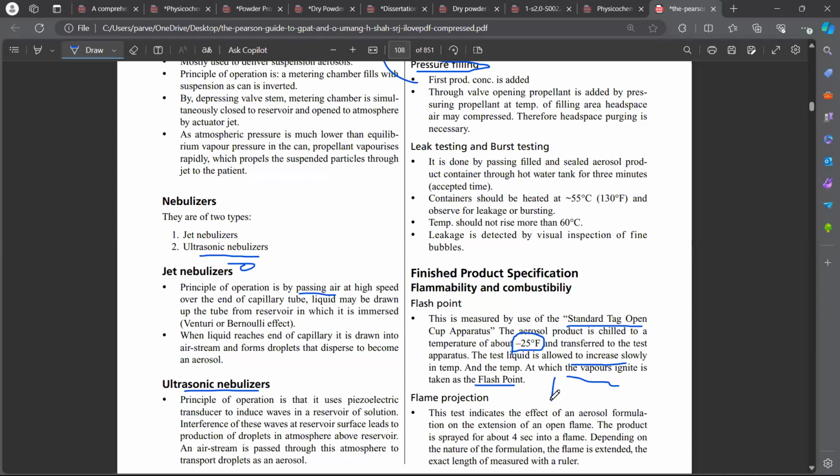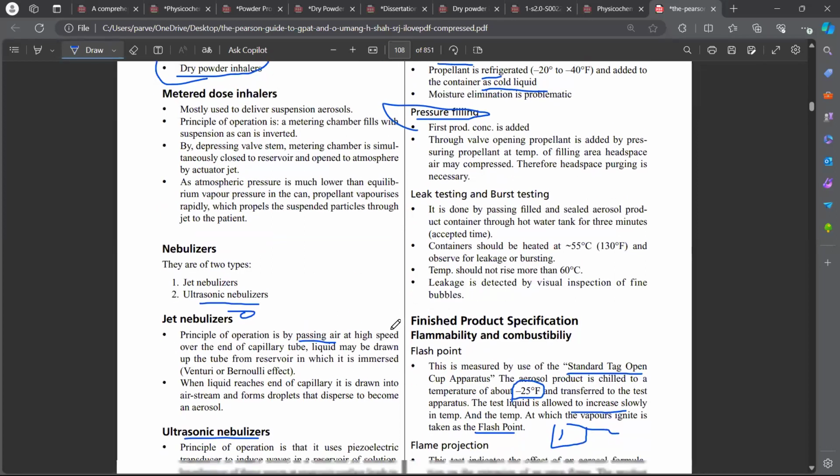So what we do is first take our liquid in an apparatus, and gradually the temperature is raised. At a particular temperature, the vapors get formed and those vapors get ignited. The temperature at which the vapors ignite is nothing but the flashpoint. Next, the flame projection test.